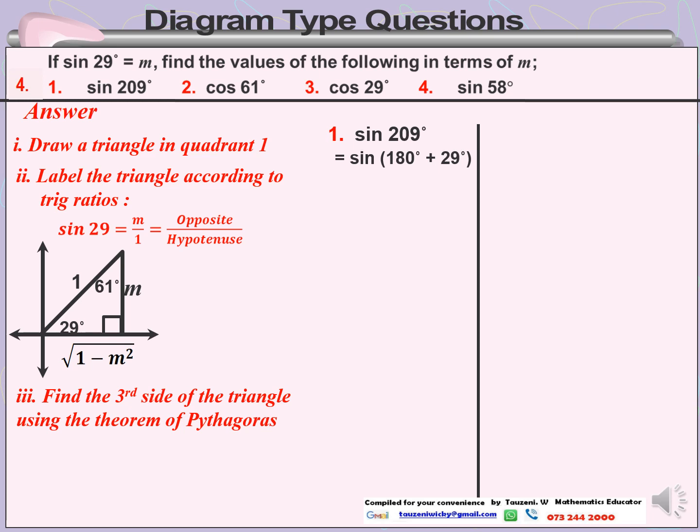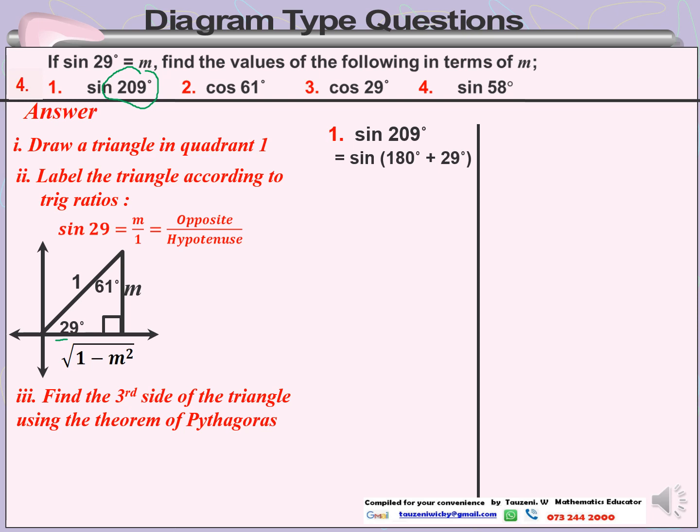Yet when I look at 209, I can see that in my diagram, there is no 209. There is, however, the 29, the 61. So the question will be, how is the 209 connected to 29 degrees? How are the two related to each other?